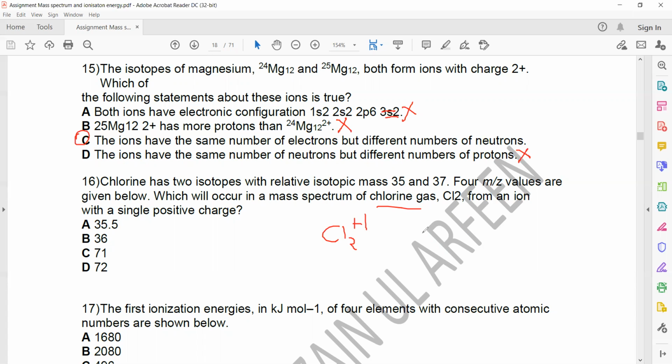The possibilities: if both of them are 35, then it will be 70. If one is 35 and another is 37, then it will be 72. And if both of them are 37, then it will be 74. So D will be the right answer.